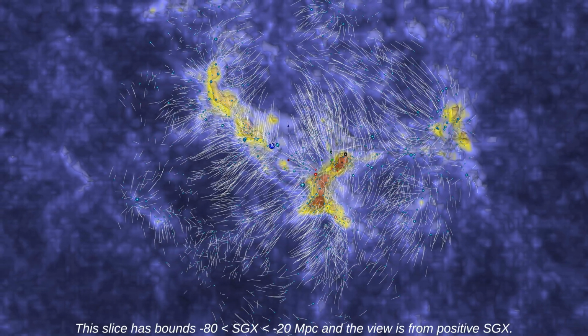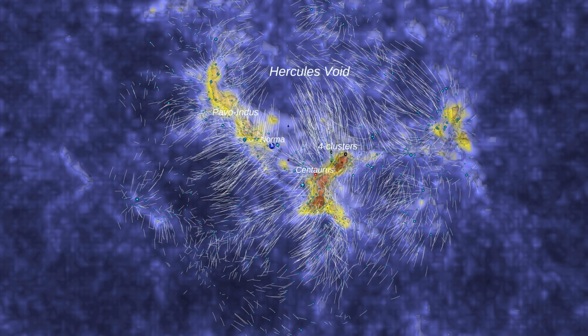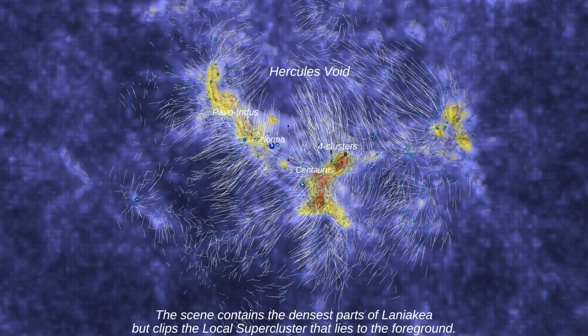This slice has bounds minus 80 less than SGX less than minus 20 megaparsec, and the view is from positive SGX. The scene contains the densest parts of LANIAKEA, but clips the local supercluster that lies to the foreground.